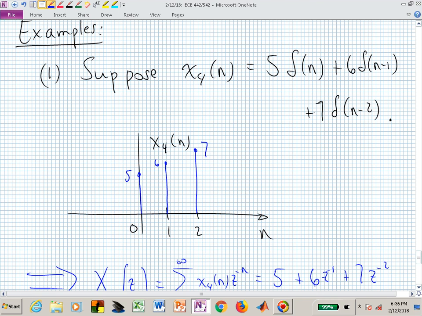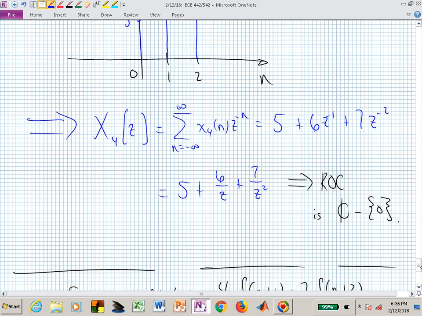And that means for this finite duration, usually when you have a finite duration time sequence, you have the entire complex z-plane allowed for the region of convergence, except for two possible extremes, the origin and or infinity.